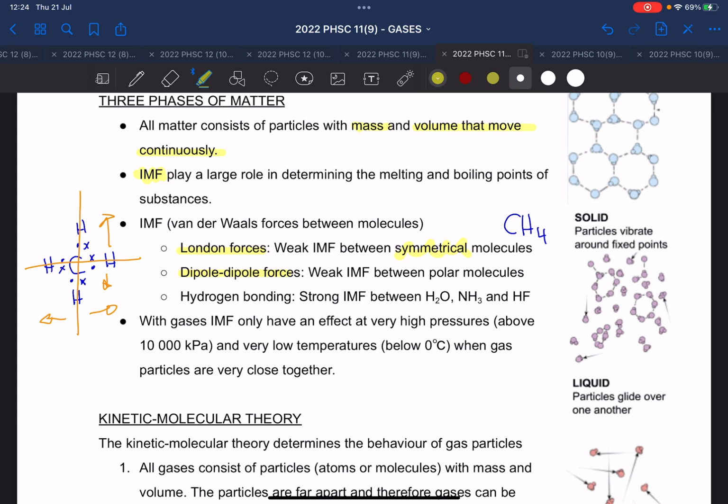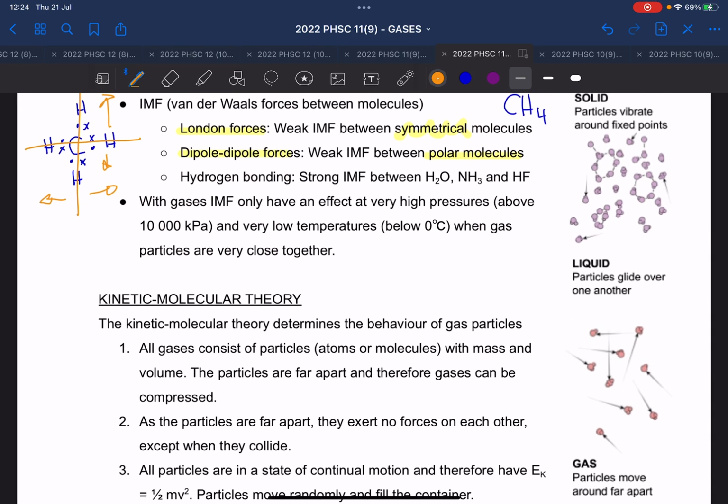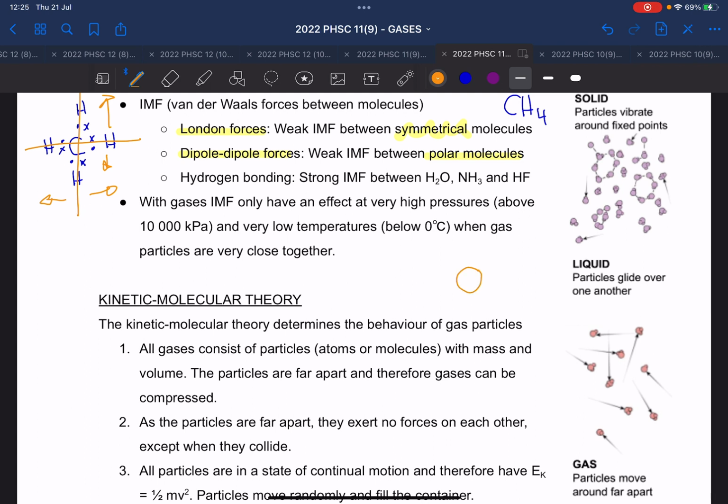So, a polar molecule is one that is not symmetric. For example, water. When we draw the water's Lewis diagram, it's an O bonded with two H's.